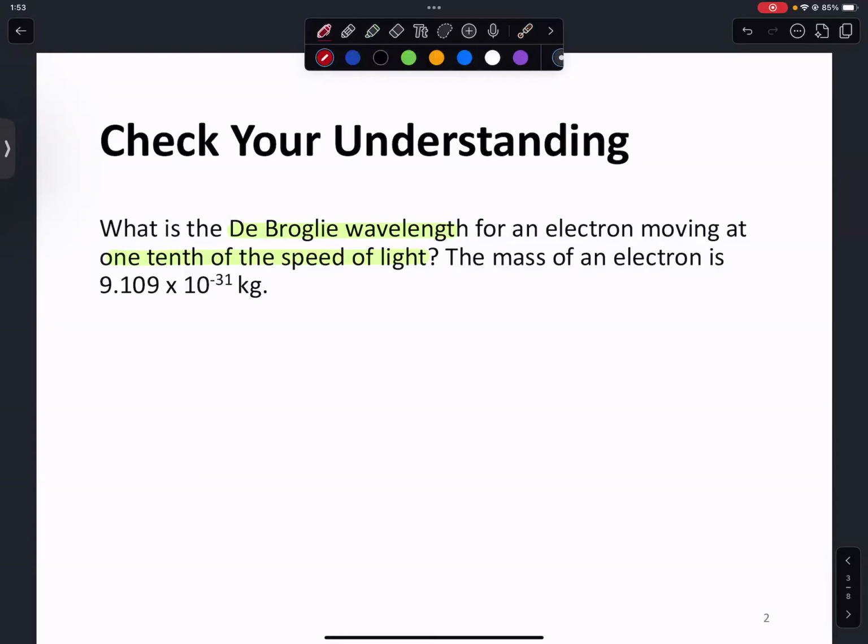So let's see. We have here the de Broglie wavelength equals Planck's constant divided by mass times velocity. All right, therefore equals 6.626 times 10 to the negative 34, and this right here has infinite sig figs.